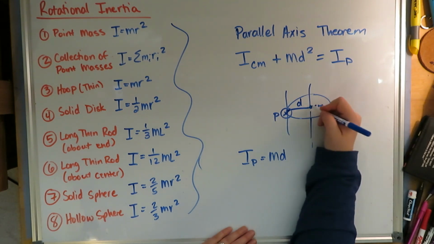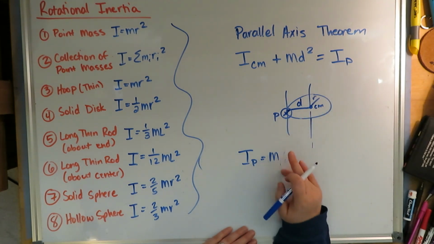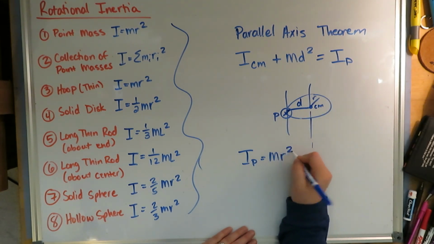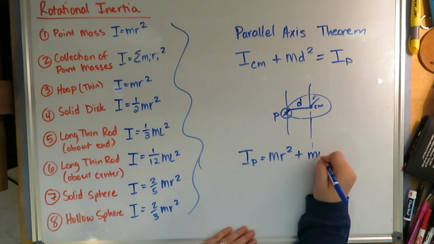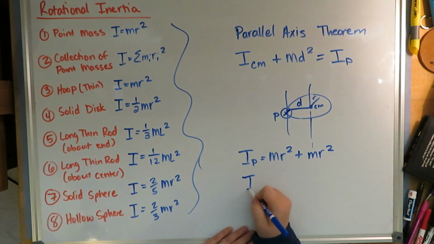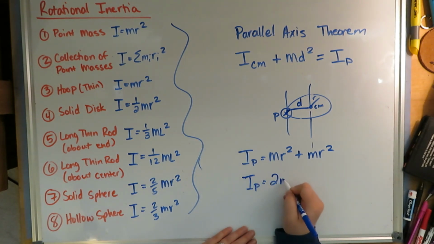In this case, if this has a radius of r, that's going to be mr squared, plus the moment of inertia of the hoop about the center of mass, which is mr squared. So the moment of inertia about point P is going to be 2mr squared.